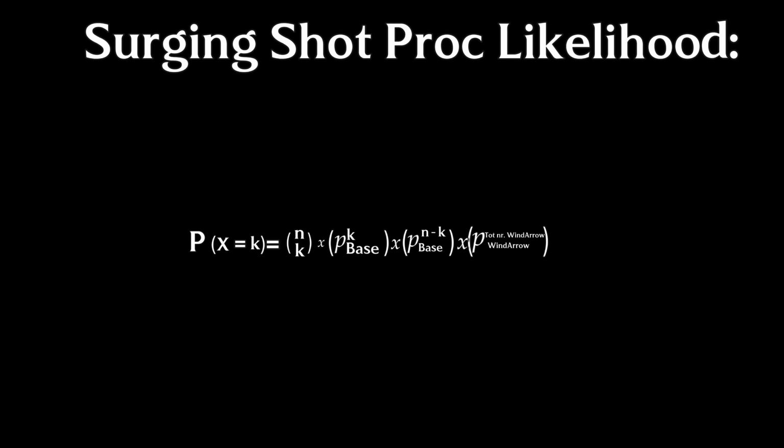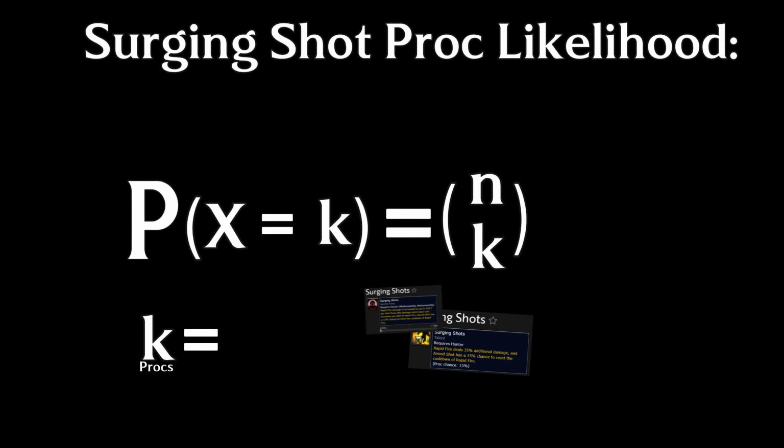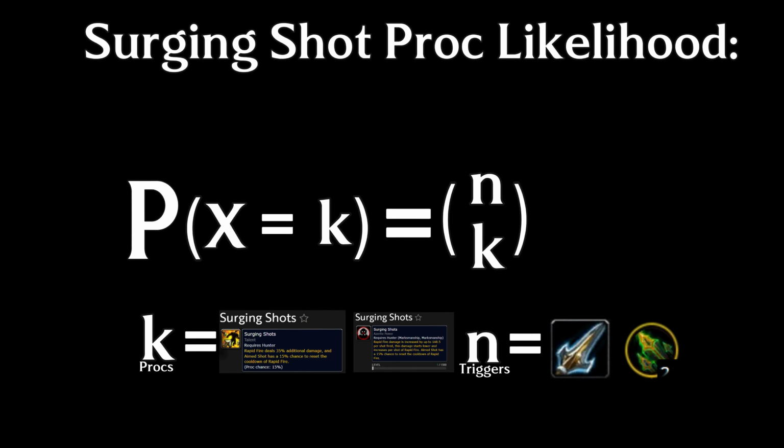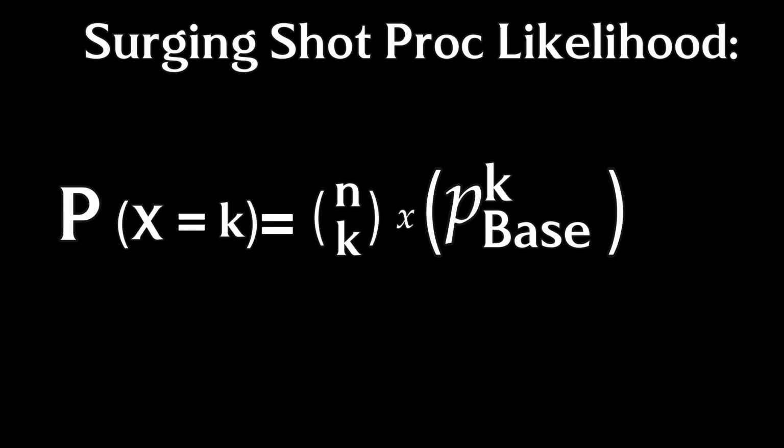Let's break it down like we're chatting about it. So, we've got this probability denoted by p. It's all about the random variable x being equal to k. What we're doing is using the binomial coefficient, n choose k. That means we're picking k successes out of n trials. Here's the fun part. We're multiplying this by the probability of success for the base event, raised to the power of k.